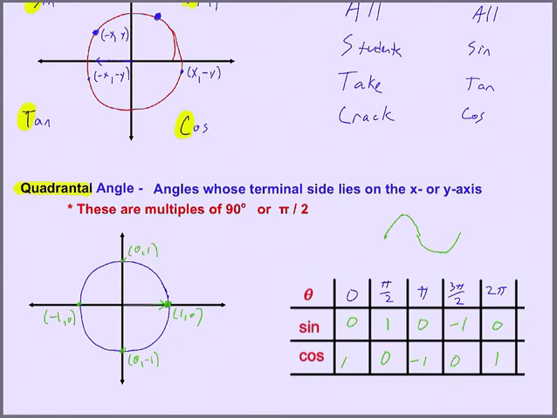So that's what sine does. 0, 1, 0, negative 1, 0. Whereas cosine starts up at the top, starts as high as it gets at 1, and it goes down to 0, farther down to negative 1, back up to 0, all the way up to 1. And so what we're going to talk about next week is how we can kind of think of those patterns as a graph. We'll get to that next week.